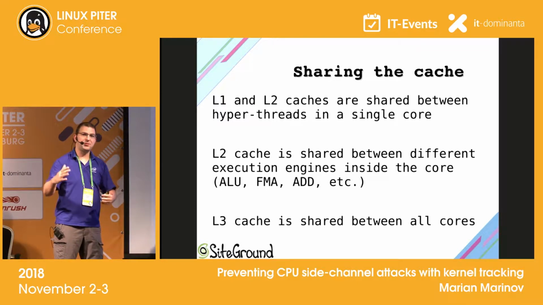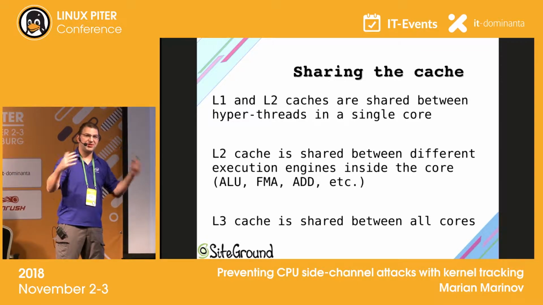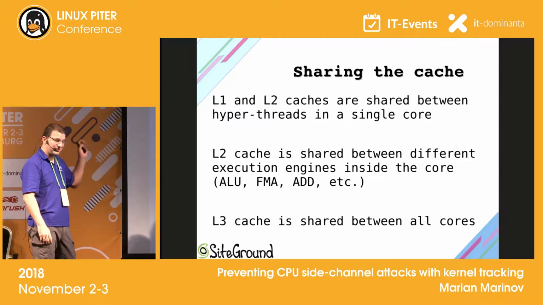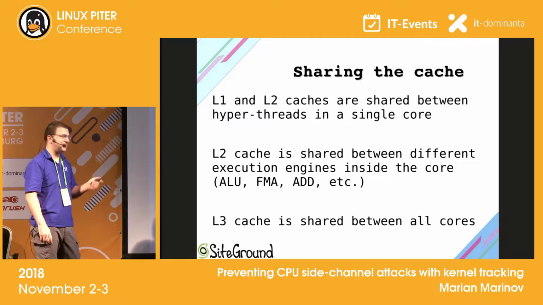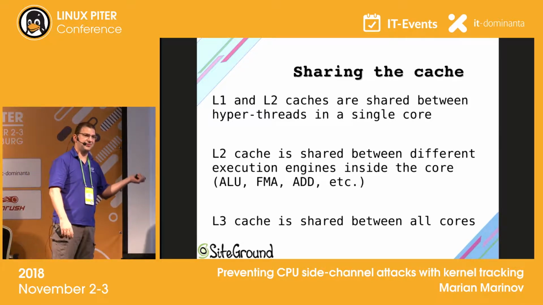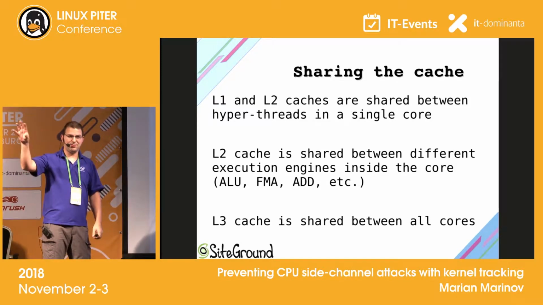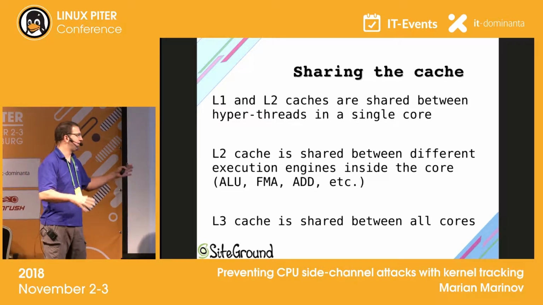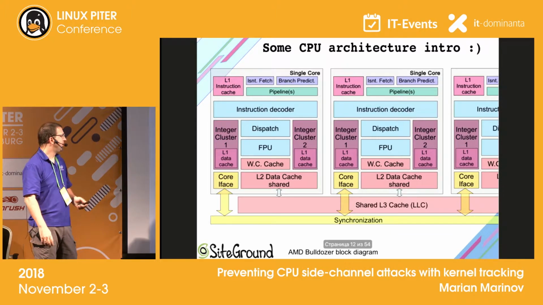So these are different parts of the CPU, but they share the same layer 2 caches. And layer 3 caches are shared between all cores, which means that if something gets into the layer 3 cache, you can actually access it from other CPUs, even though this is unrelated to your first program.